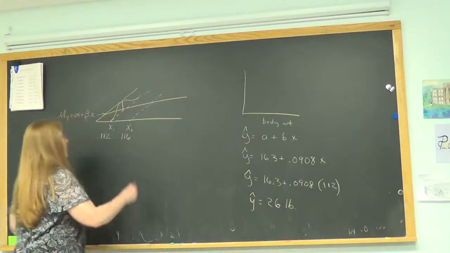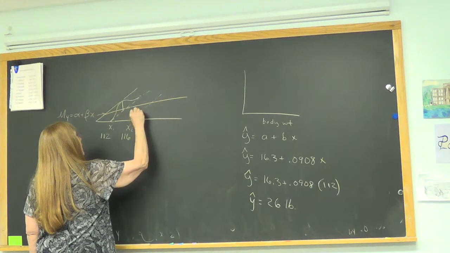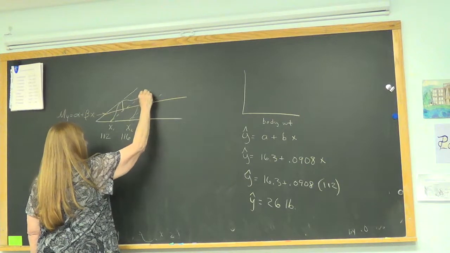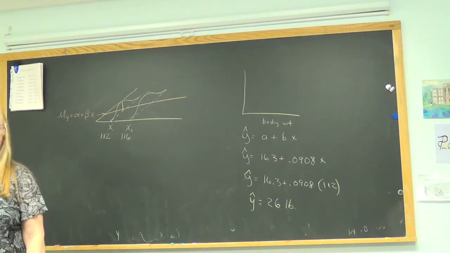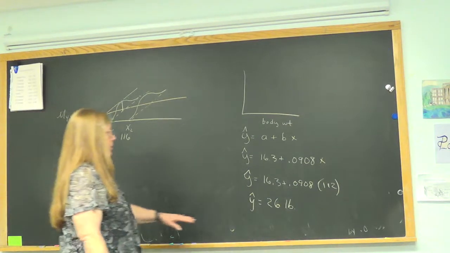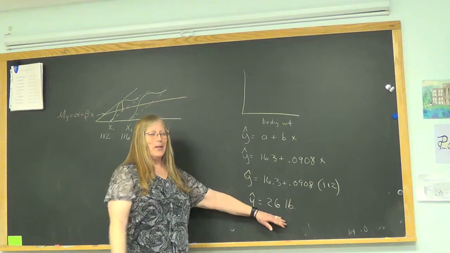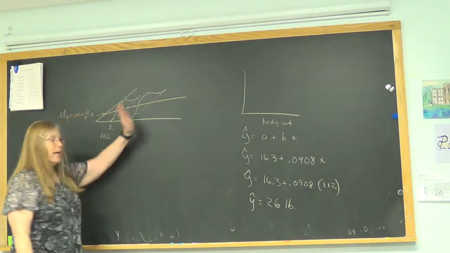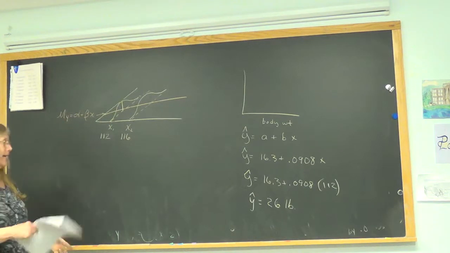All right, so when we put in 116, we are expecting a body weight and a backpack weight that is also normally distributed. Some people will carry the 26.4, but some people who weigh 116 will carry a lot more than that, and some will carry a lot less.